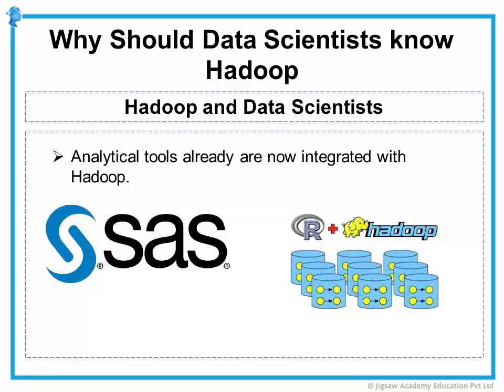In addition, another trend that we are seeing is this. Knowing the significance of Hadoop and not wanting to be left behind, many analytics companies have already integrated their tools with Hadoop. Two of the most used analytical programming languages are R and SAS, and both of them have integrated with Hadoop.